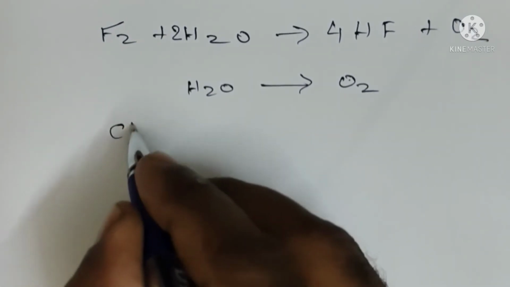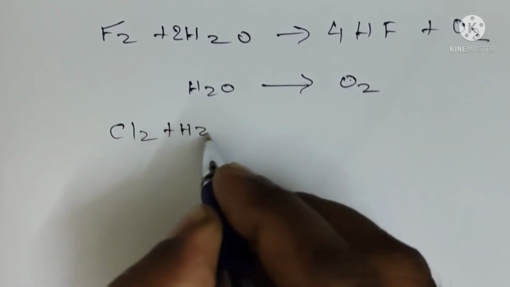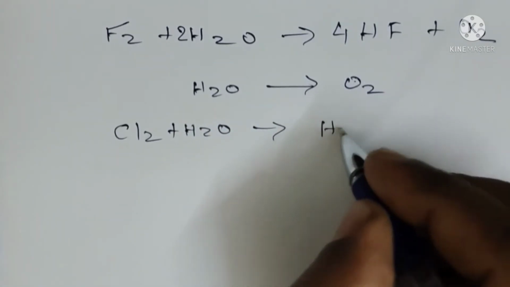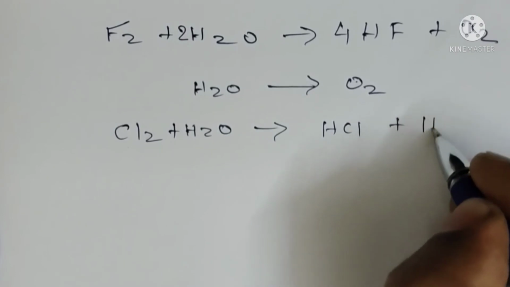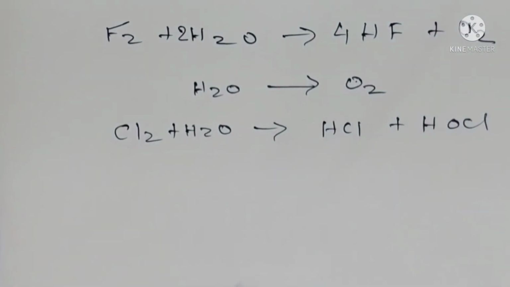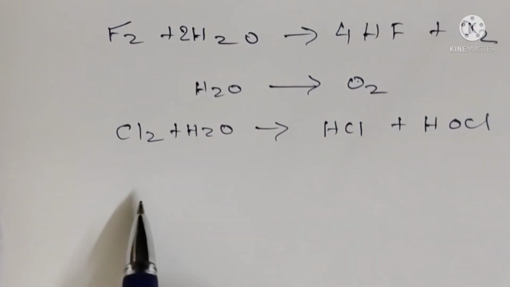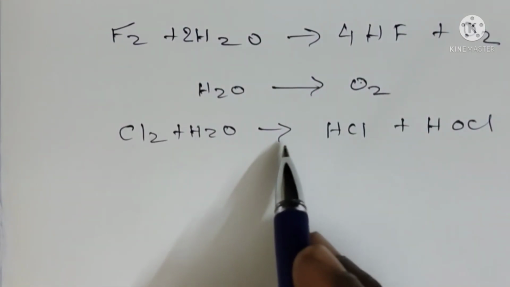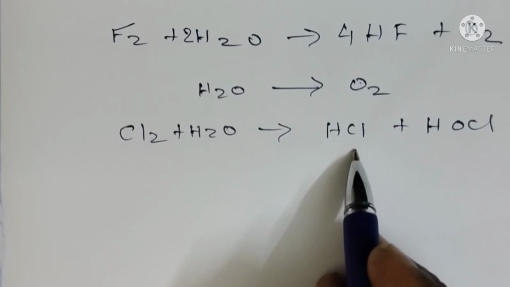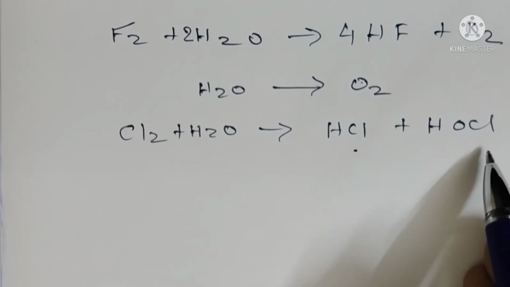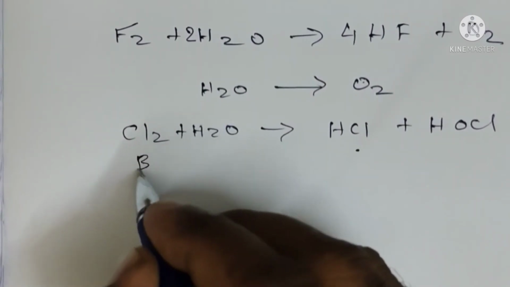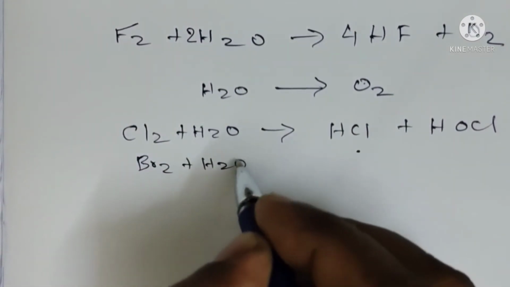Similarly, if chlorine reacts with water, it will convert into hydrogen chloride plus hypochlorous acid. A similar reaction is observed when bromine reacts with water.